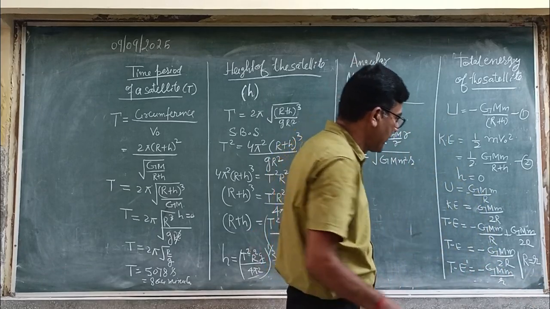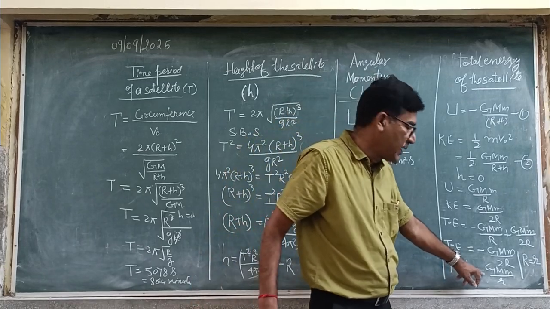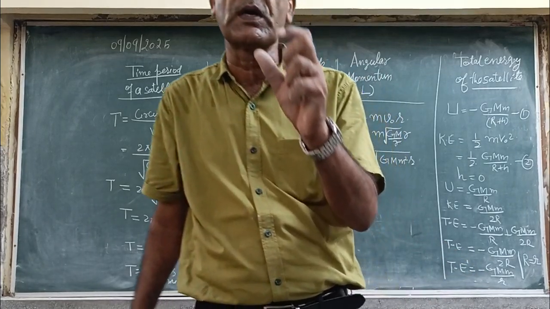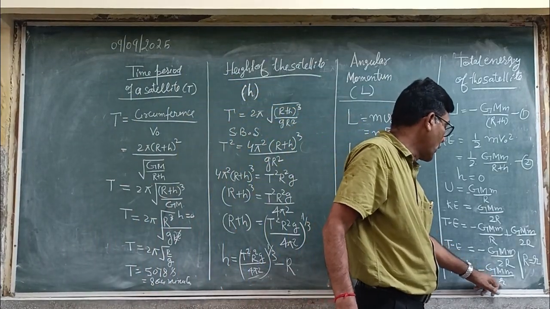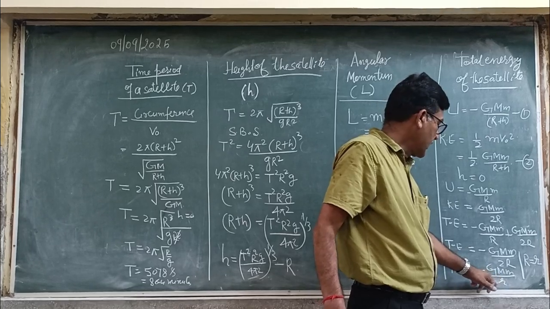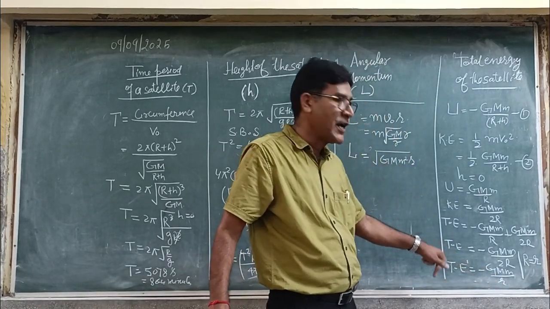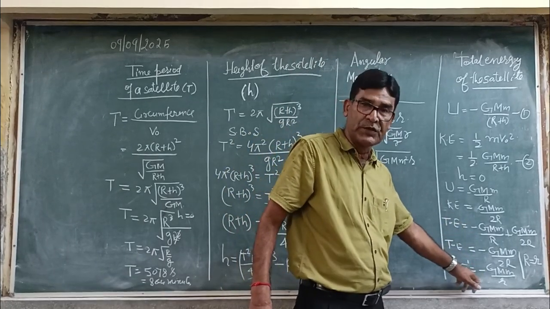Now you look very carefully. The total energy of the satellite is negative. That is, the satellite is bound to the Earth. Now if we increase this value of r, then the total energy becomes less negative. It starts becoming more positive.